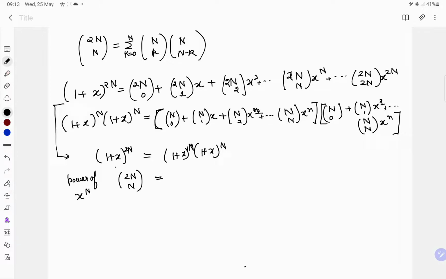Here, if you multiply this with the last term, you will have x to the power n.